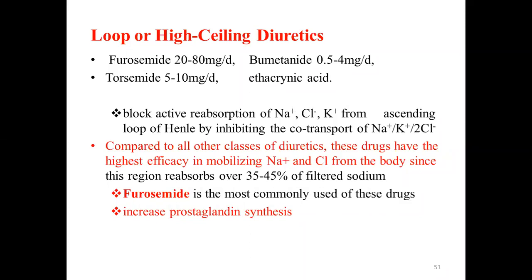By inhibiting the co-transport of sodium, potassium, and chloride, they are very effective at reducing the blood volume. From loop diuretics, furosemide is the most commonly used. Torsemide is also available, but not commonly used. It's very important.